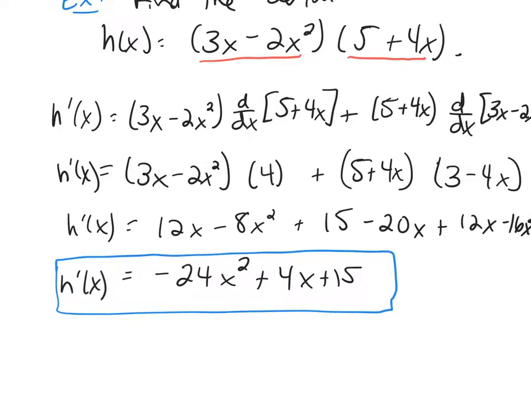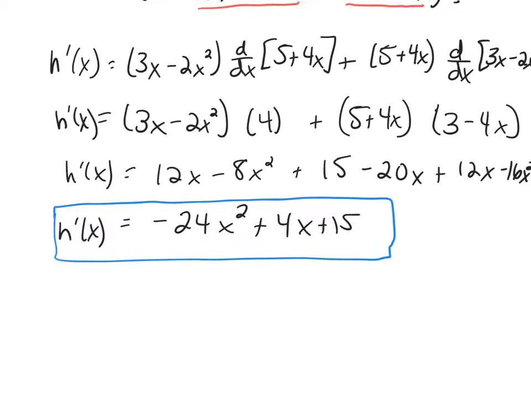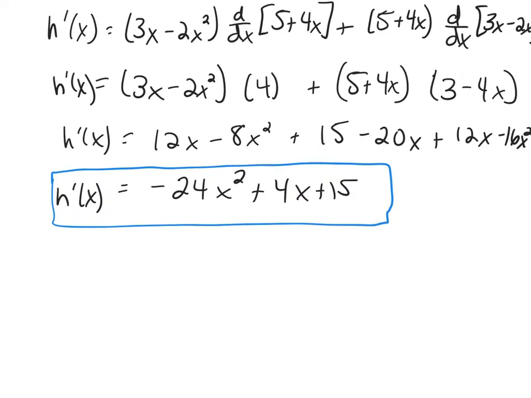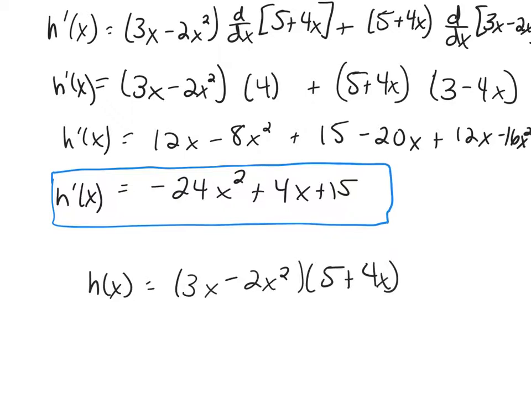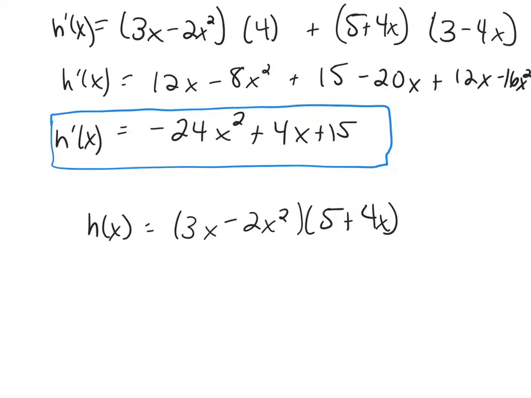Now I do want to mention that you have another option in how you find the derivative of this function. You don't have to use the product rule. So what you could have done instead, let's look at this h function. You could have FOILed this out so that you no longer had a product.